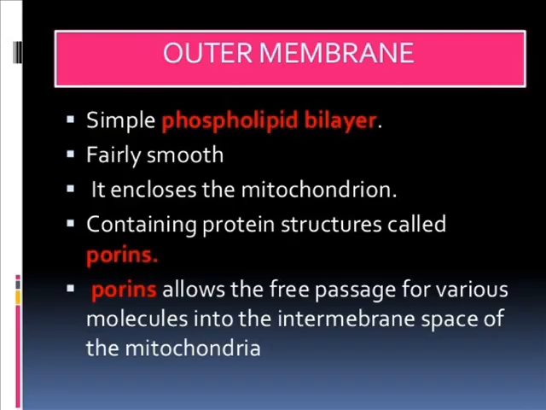The outer membrane of the mitochondria is very simple, a phospholipid bilayer. It is smooth in nature. It encloses the whole mitochondrion. It contains a protein called porins, and these porins allow the free passage of various molecules into the intermembrane space of the mitochondria.